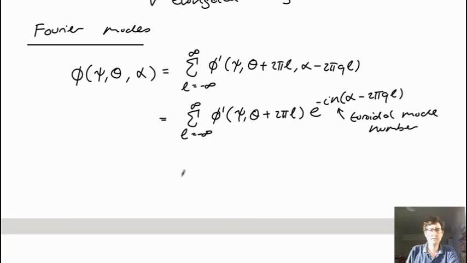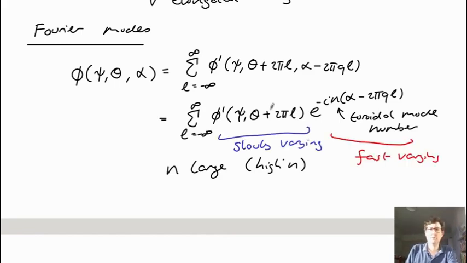When n is large, this exponent is rapidly varying, and so all the fast variation, the steep gradients, are in this part here, and this is a slowly varying so-called envelope function. We've already seen that this function must be slowly varying along theta, because this corresponds to the parallel direction.